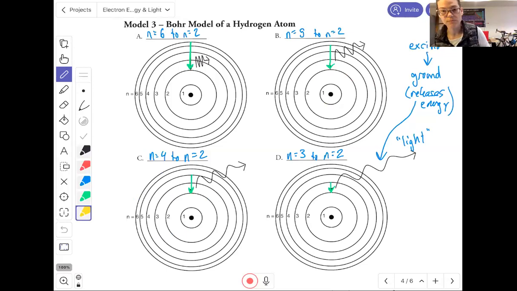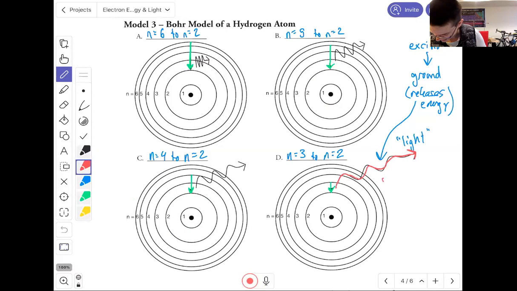The extremes are the easiest, the violet and the red. Which one of these seems like it would be the red? D, because it has the longest wavelength.